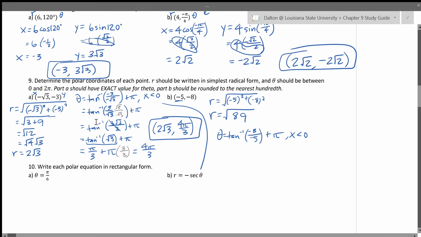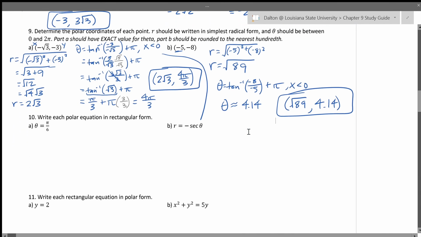So making sure your calculator's in radian mode, you're going to get that theta is approximately, to the nearest hundredth, 4.15. So your final answer in polar coordinates will be the square root of 89 and then 4.14. So that's how to convert from rectangular to polar.